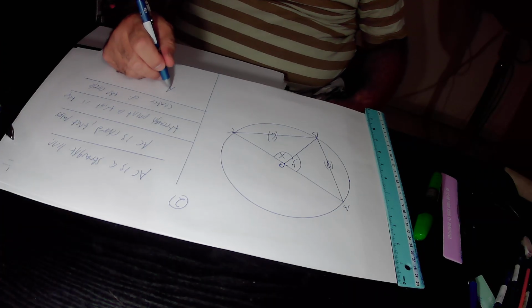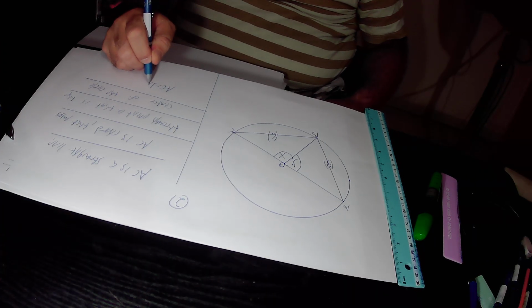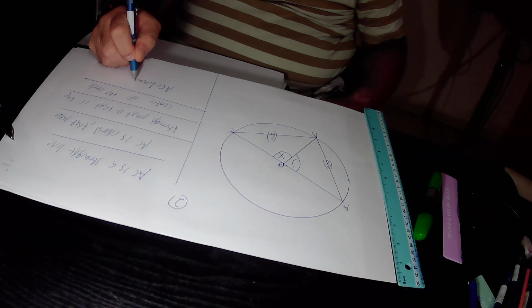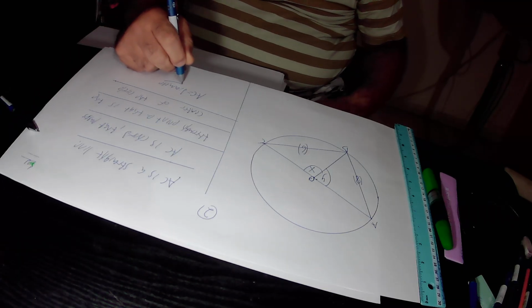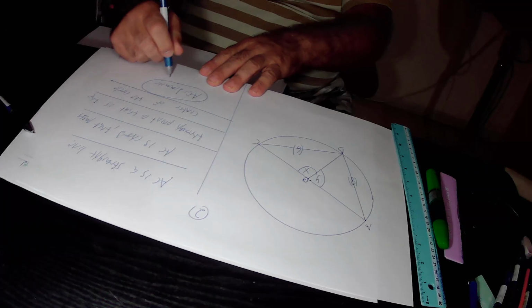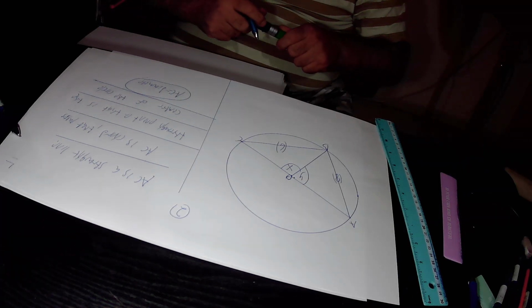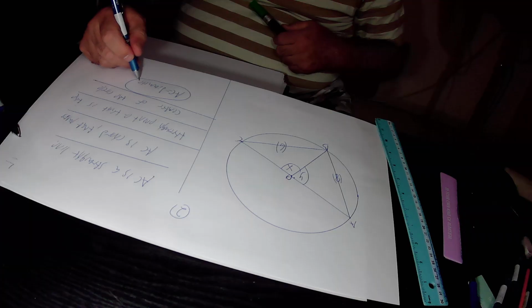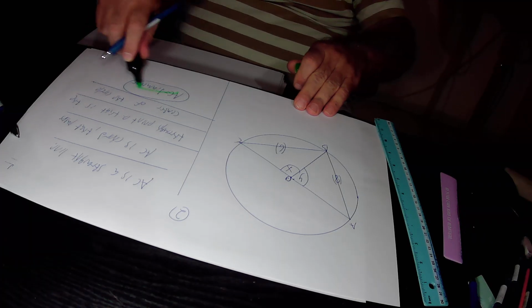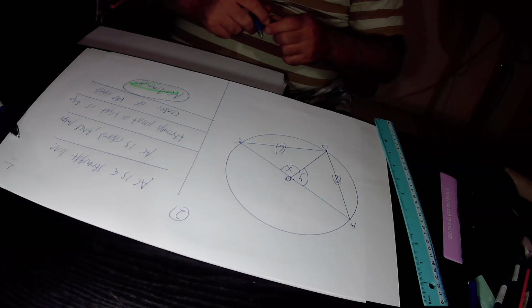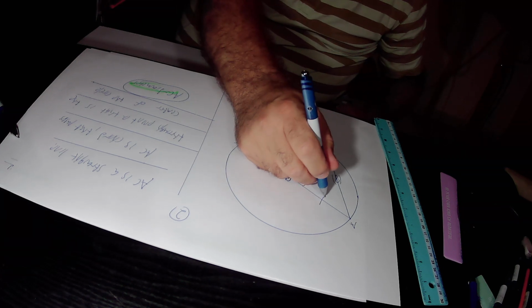Therefore, AC is the diameter of the circle. So I write it down. This is called AC. That is the diameter of this circle.